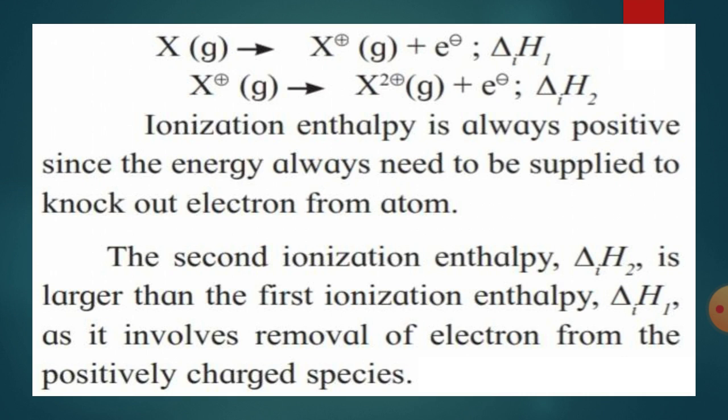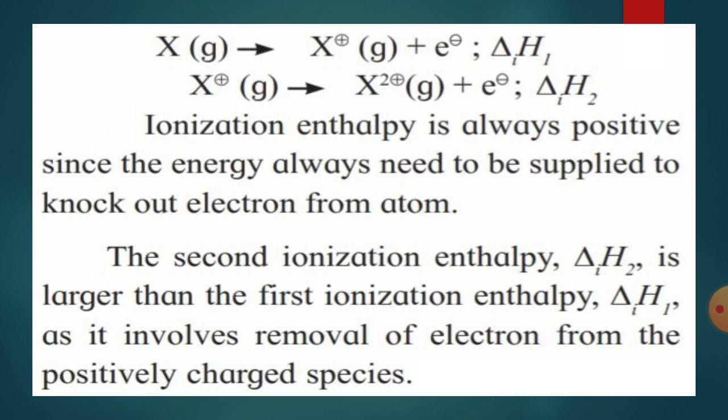But as it has liberated one electron, it has been converted into a positive charge. So we require more energy to remove an electron from that positively charged species. Always remember, the second ionization enthalpy is larger than the first ionization enthalpy.